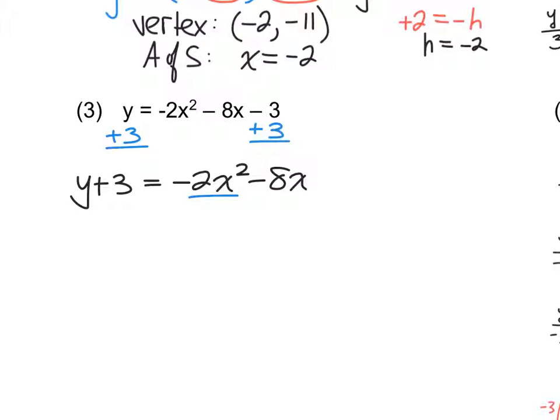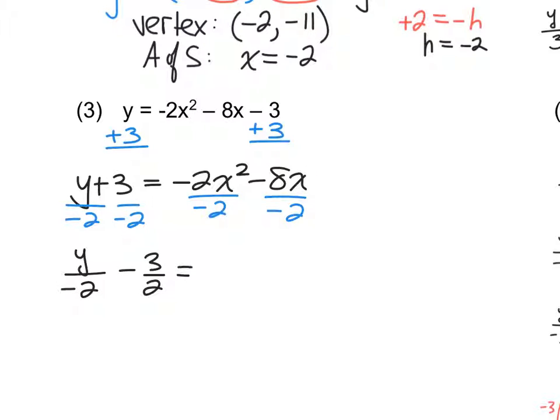Whether we do this first or second, it doesn't make a difference. So y over -2 minus 3/2 x squared plus 4x. We ultimately want to get the perfect square trinomial, then bring it back over.